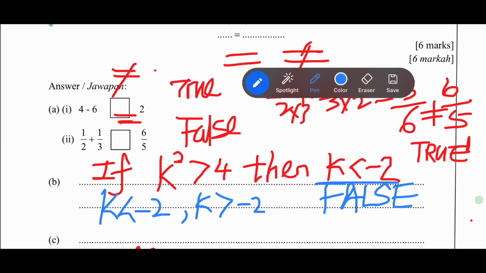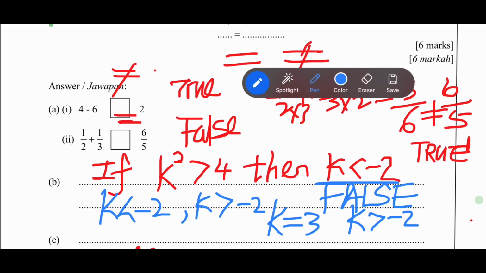You solve the inequality. Remember, you solve the inequality function, you factorize, and then you shade the region to the left and right, okay? So you have two sides of the range of k, right? One is k less than negative 2, the other one is k more than negative 2. So because of that, this converse is false, because k more than negative 2 is also valid if k squared is more than 4, okay?